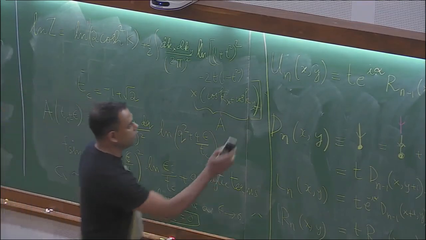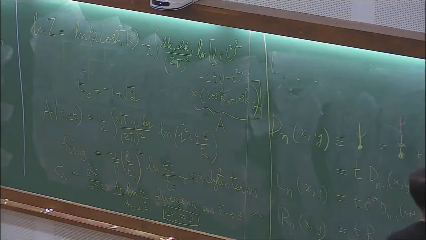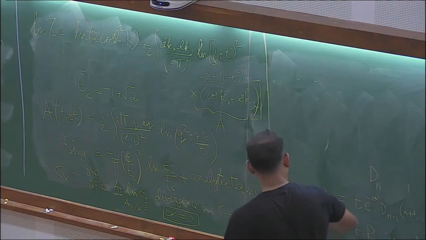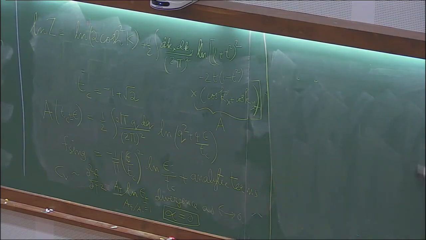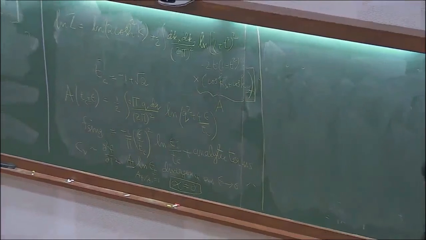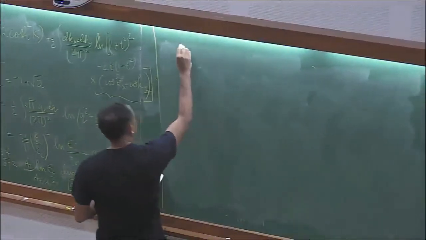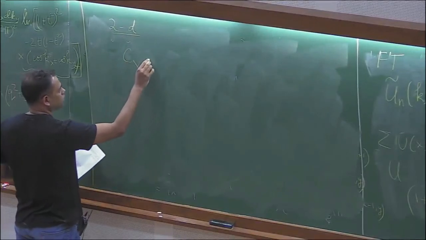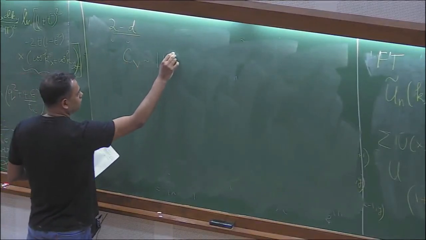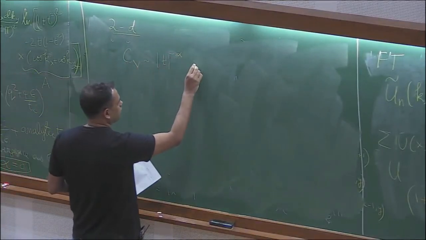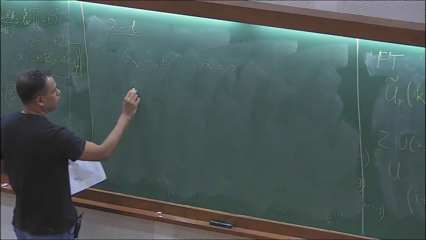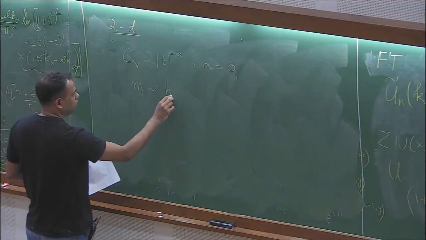So before we finish, I'll take just one more minute and just at least state. You should be able to, from your back of the mind, tell what the experiments for the Ising model are. So in 2D, CV goes as mod t to the minus alpha. Alpha is 0. Your m goes as h to the power 1 by delta.